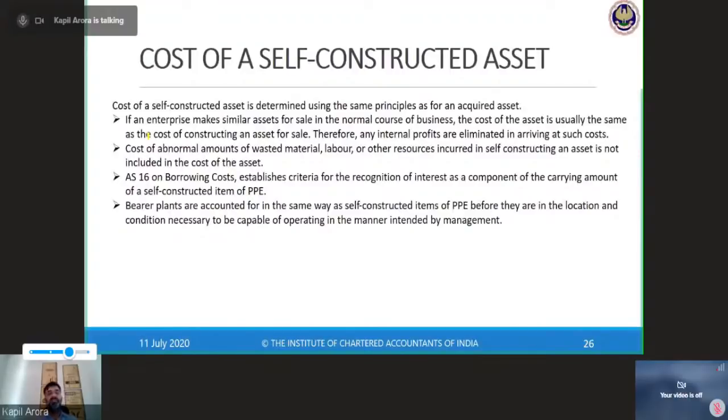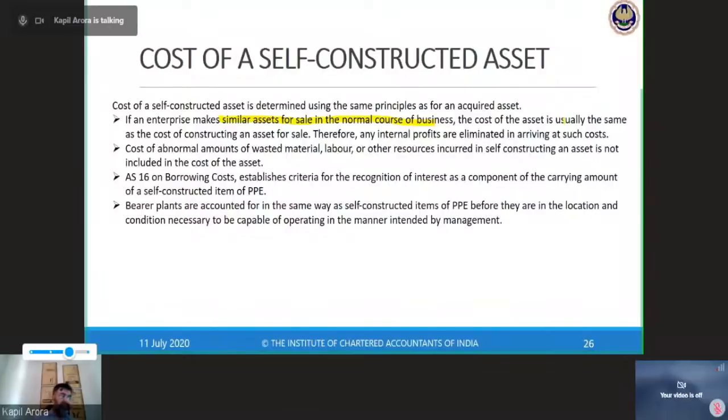Now for that purpose, let's look at this. It says, if an enterprise makes a similar asset for sale in the normal course of business, the cost of the asset is exactly the same as what you are making for others. For example, if DLF is making apartments for everybody, now if DLF has to make apartments for their own staff, their own company, which will be property, plant and equipment for DLF, what would be the cost?